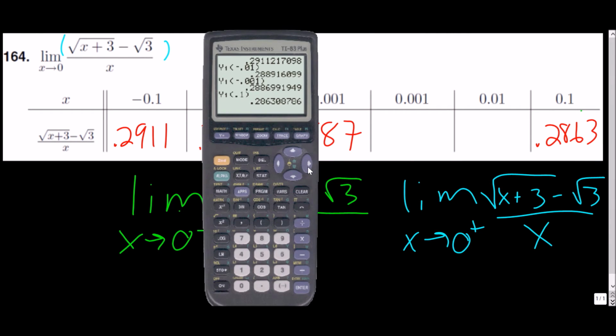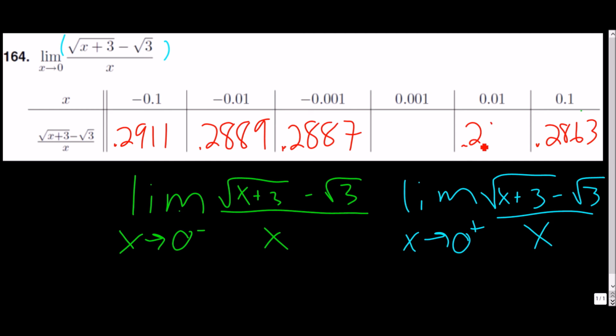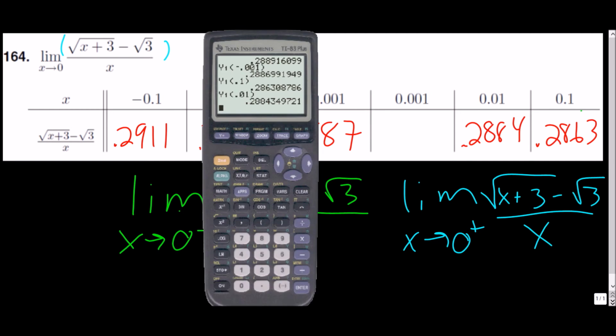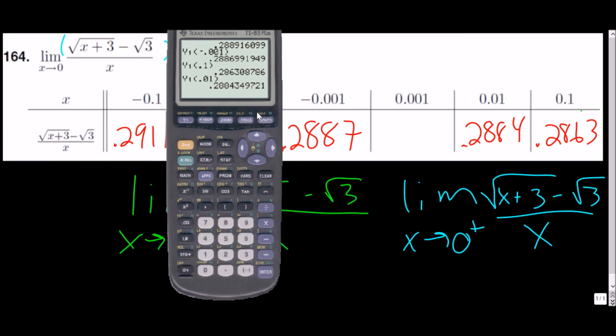And the reason I'm doing it this way instead of going straight down the line is that you can see if the value of the function is approaching some sort of number. So 0.01 gives 0.2884. So the number got a little bit bigger going that way. And then lastly 0.001 gives 0.2887.